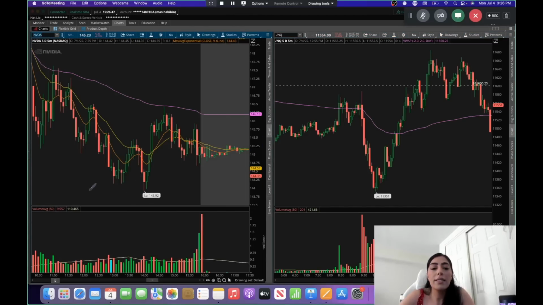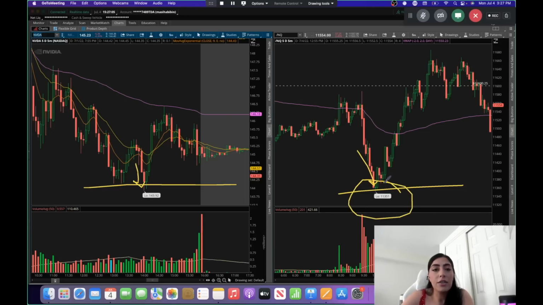Let's say on that day, NVIDIA was reacting more to the downside with futures. So you can see here, low of day, low of day. If you start to see your stock approach its low of day and futures is approaching its low of day, you do not want to take that trade until futures breaks low of day. You wait for futures to make the move first prior to taking the move on your stock.